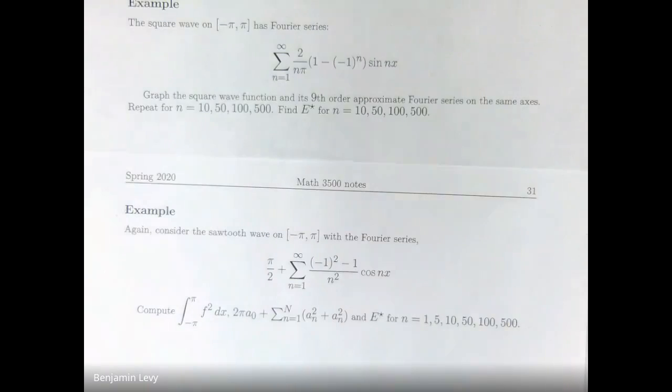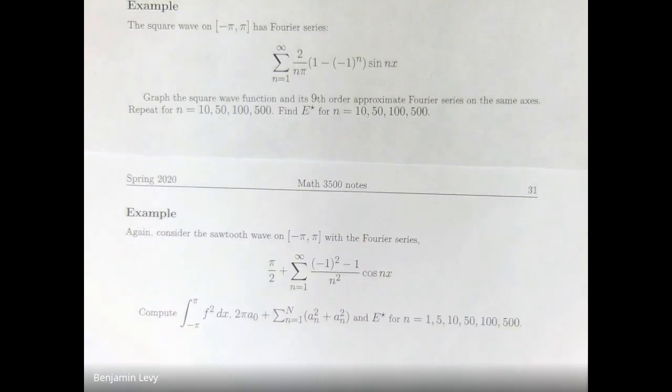For some reason, that page slipped out of my packet here, so when I was trying to prepare for today, I just didn't see it. Maybe I don't have one. Maybe it's cosine series.